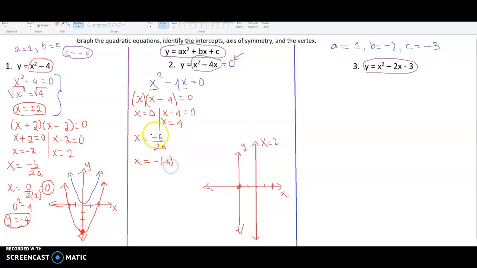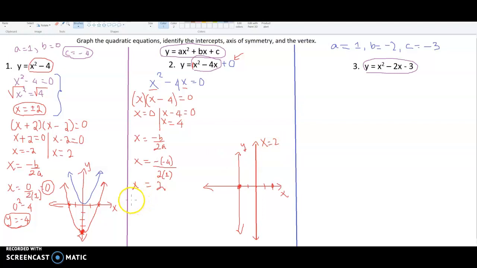Okay, because the formula says negative b, and the b is a negative 4. So there's another negative going in front of the negative 4. Divided by 2 times a, and a is 1. Because you don't see anything with the x squared, the leading coefficient is 1. Alright, what is negative a negative? That becomes a positive. That's 4 over 4, and 4 divided by 2 is 2. So yes, the axis of symmetry is 2, and we got that one right.